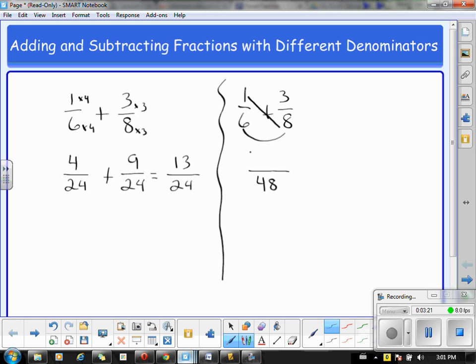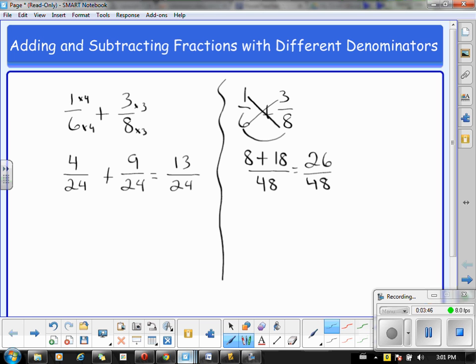1 times 8 is 8. 6 times 3 is 18. I'm going to add 8 plus 18, after I write both of those numbers as the numerator. So 8 plus 18 equals 26 over 48.